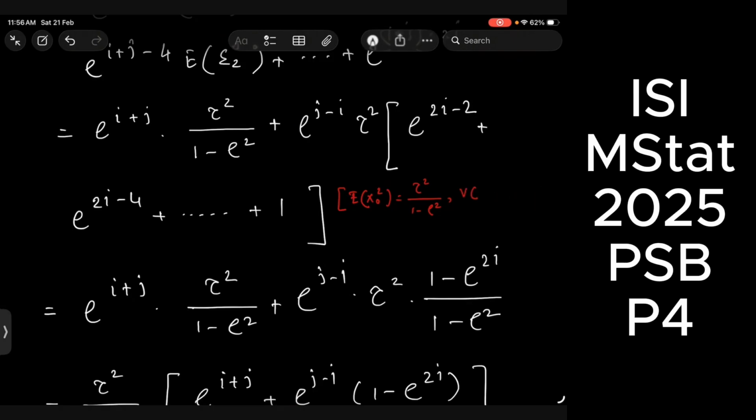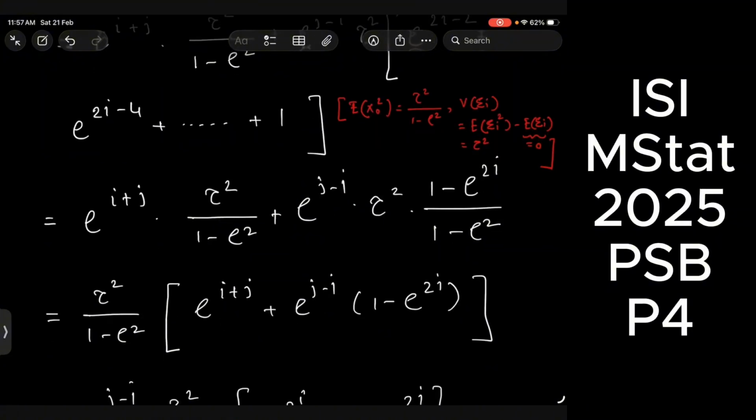As the expectation is zero, E of X square becomes equal to the variance. This is 0, right. That's why.